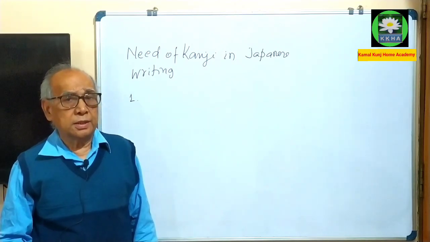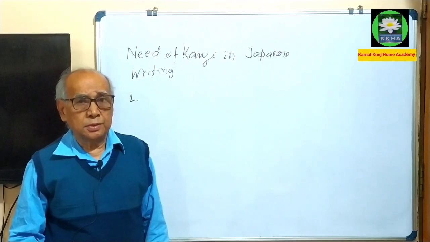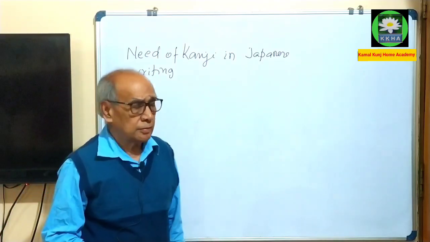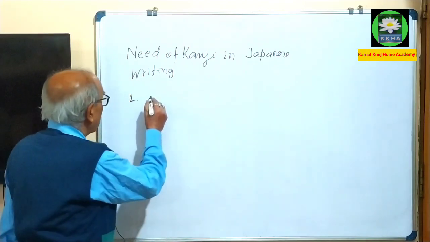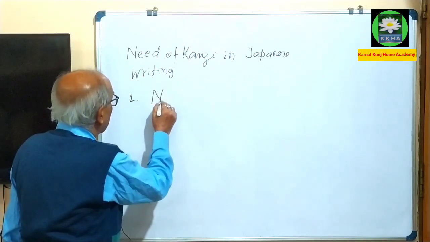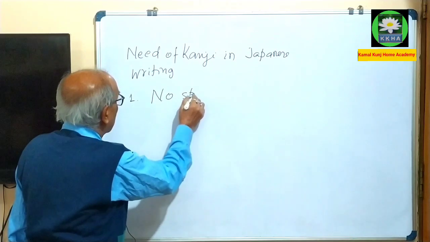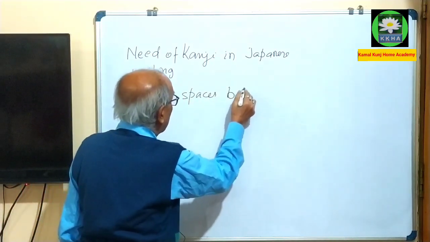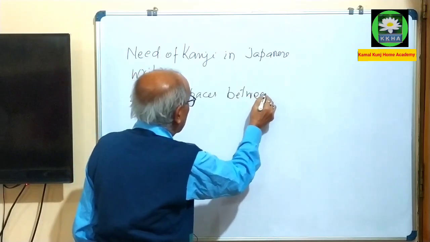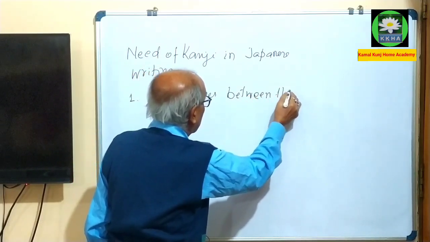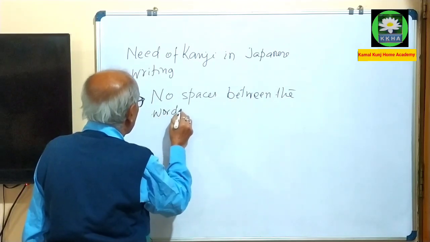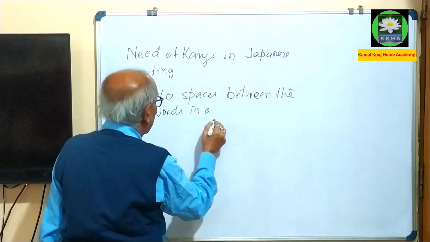So kanji are necessary to distinguish between the words in a Japanese sentence. So number one reason is no spaces between the words in a sentence.